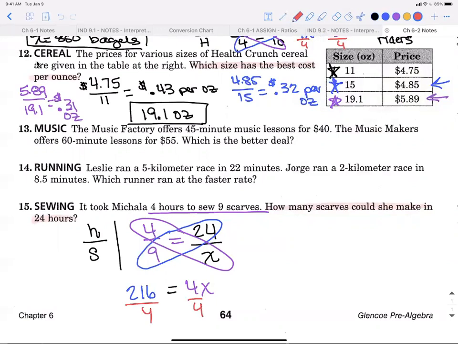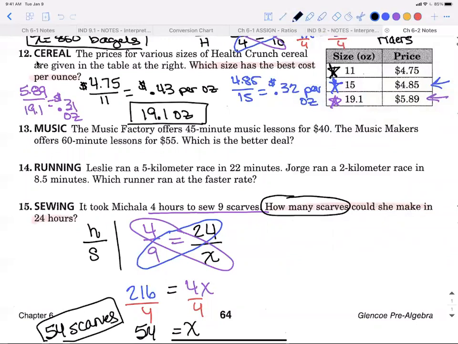And Zoe, what do we get? 216 divided by 4. 54 what? Scarves, right? So our answer is 54 scarves. That's what we're going to circle as our answer.